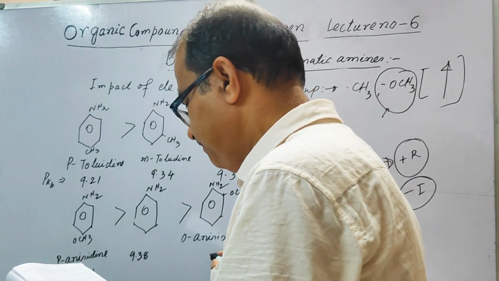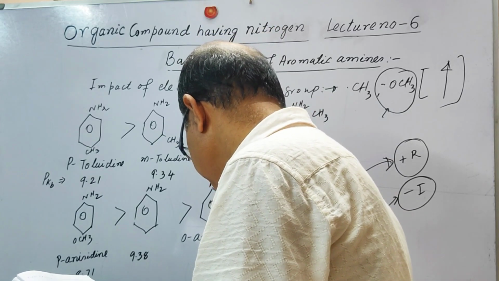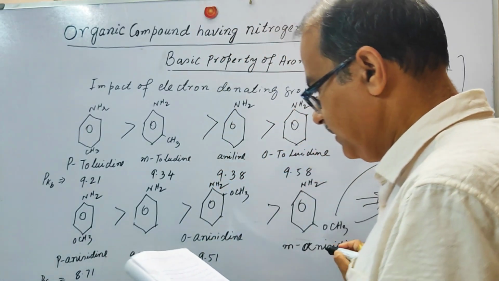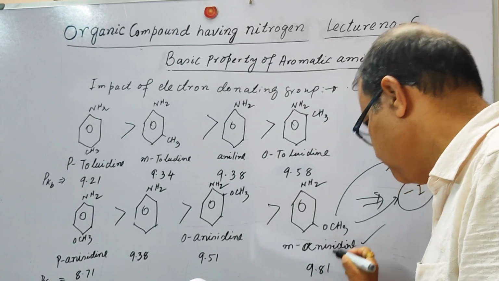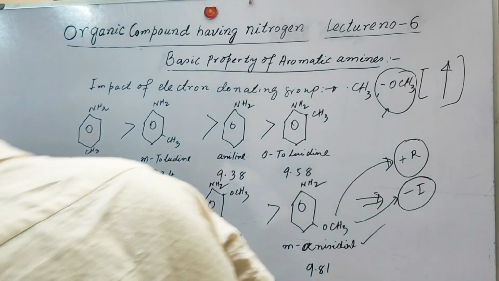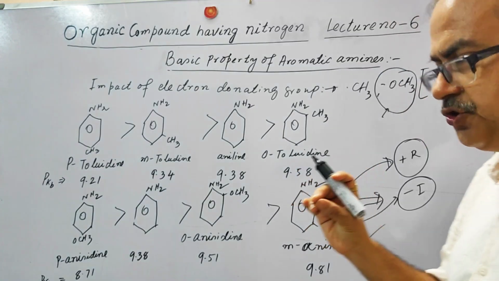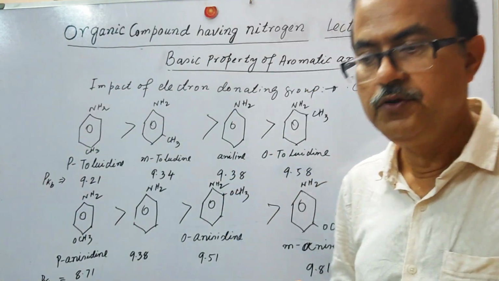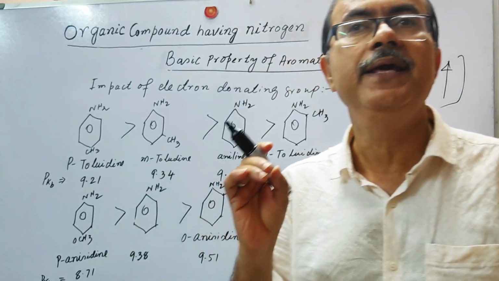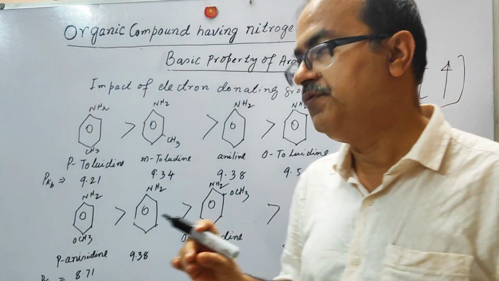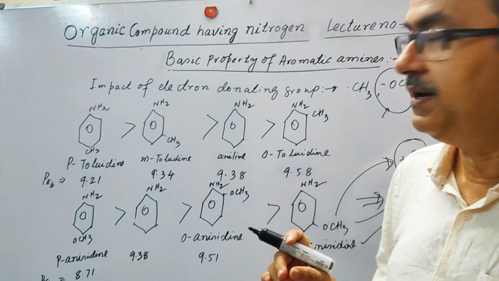Ortho-anisidine having the pKb value is 9.51 and the meta-anisidine it would be 9.8. So we understand the group position of these groups. You can understand that is also very important for determining the basic strength of the substituted amine.